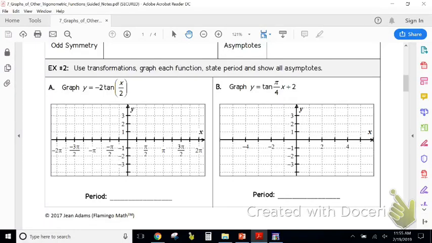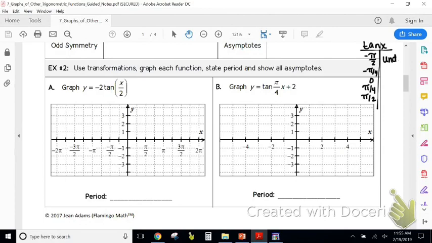All right, so 2b says graph y equals tangent of pi over 4x plus 2. So again, tangent is my parent function, and so we know our parent table. What were we supposed to put for the blank that says period? Oh, I forgot about the period, didn't I?